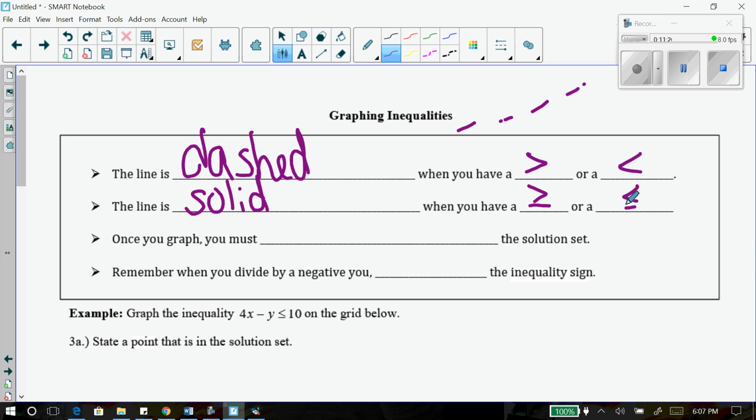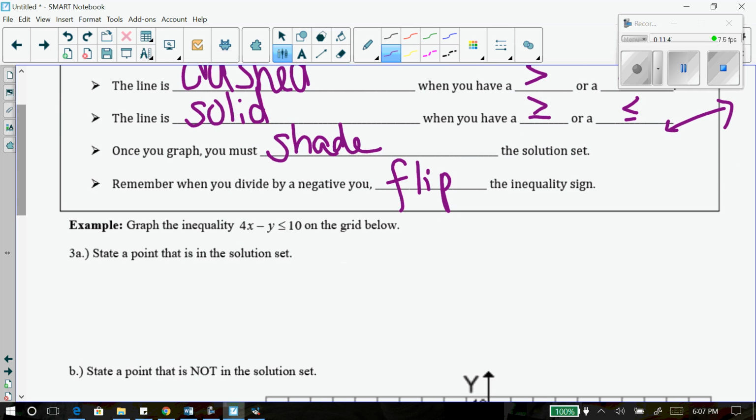And the other difference between graphing an equation and graphing an inequality is that with an inequality, you have to shade, do the coloring. And remember, when you divide by a negative, you flip the inequality sign. So let's do 2 examples here. We're going to practice this in class on Friday. Graph the inequality on the grid below.